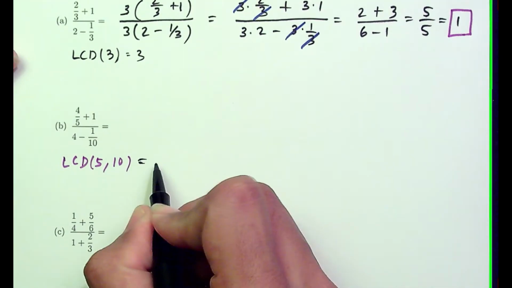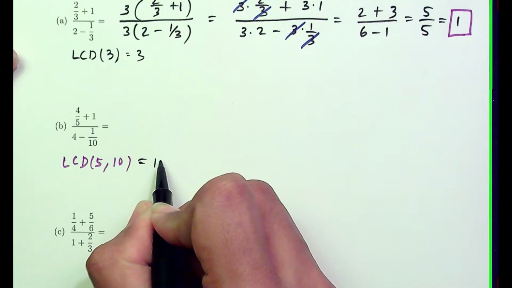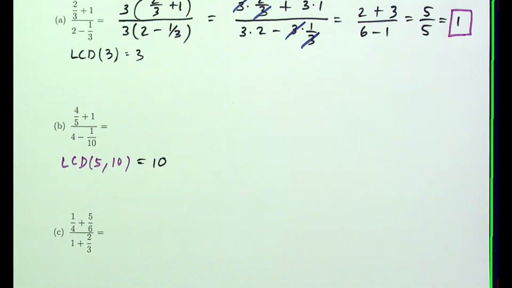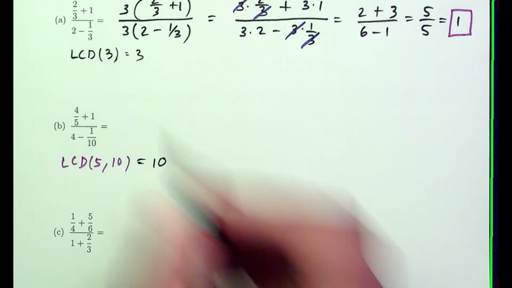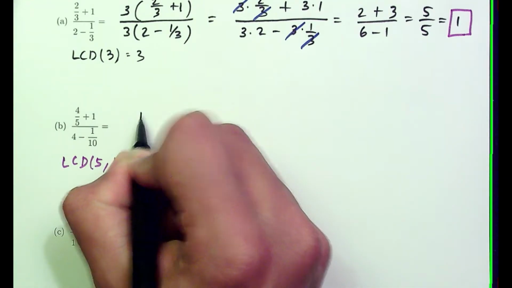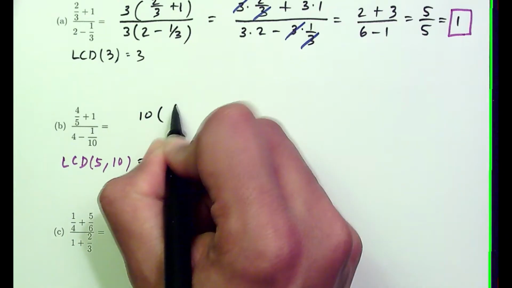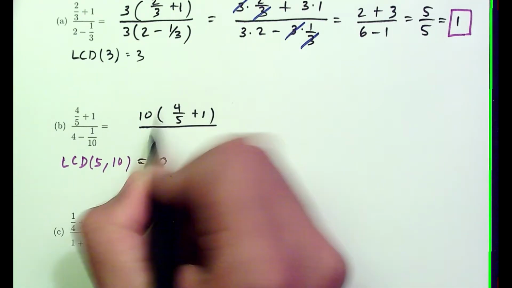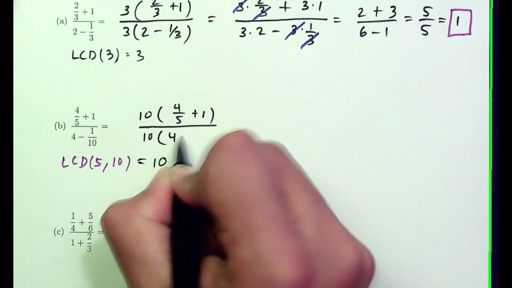So the least common multiple of 5 and 10 would be 10, right? The smallest number that contains both as a factor. So that means that we're going to multiply everything on the top and everything on the bottom by 10. So multiply everything on the top by 10. And you multiply everything on the bottom by 10.